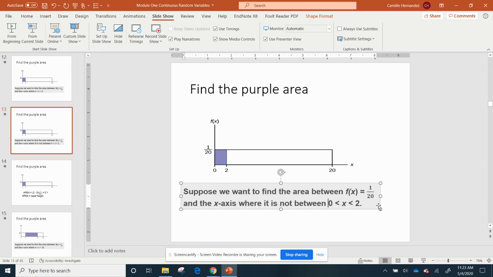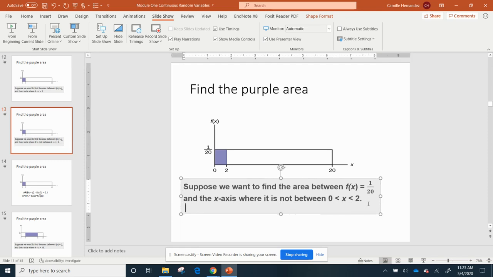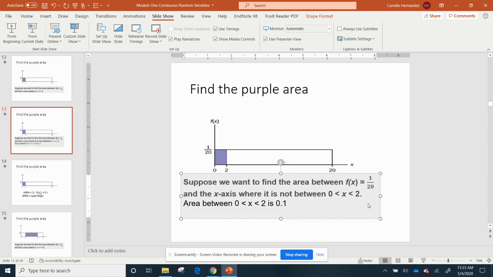Remember, the area for 0 less than x less than 2 was 0.1. So to get the area not between 0 and 2, it's 1 minus 0.1, which gives 0.9.